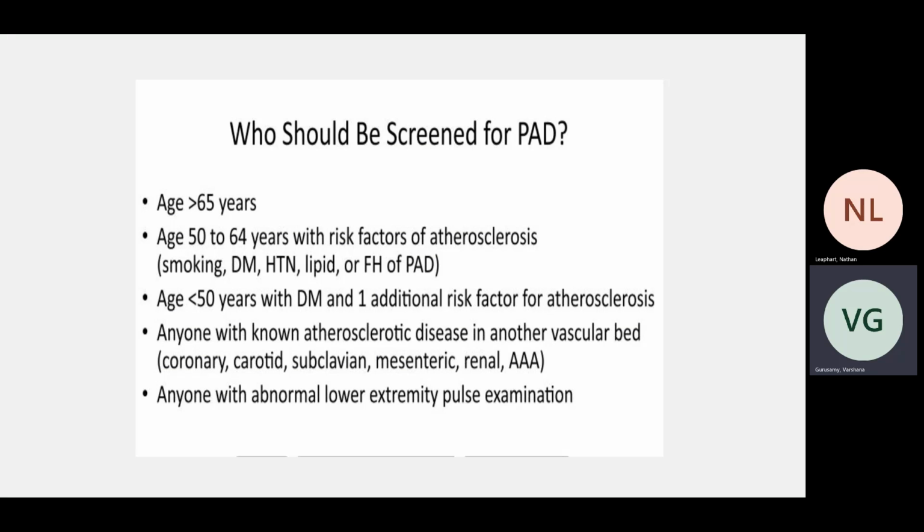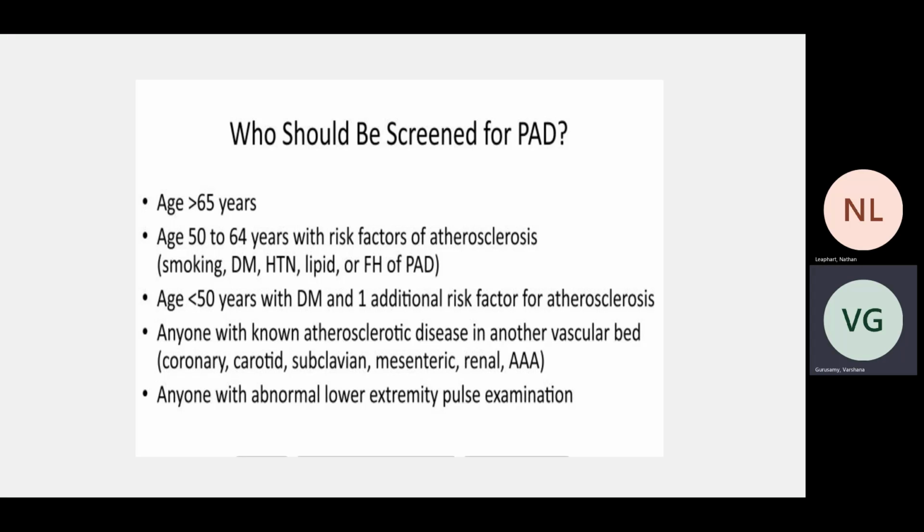So just going back to who gets screened. Typically patients that are 65 with risk factors like smoking or diabetes. And if they have other signs of vascular disease, like they've had an MI, a carotid duplex showing some narrowing, mesenteric ischemia, that's atherosclerotic disease manifesting in the celiac or SMA or IMA.